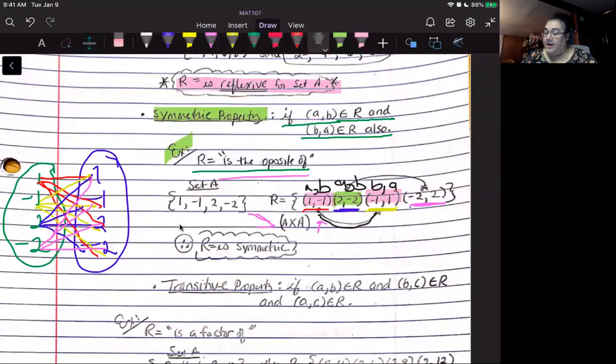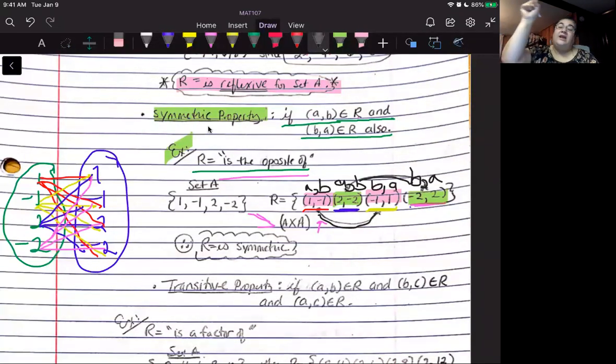We sure do, right over here, where we have B and then A. So sure enough, because we have this element right here that is also showing up in this relationship but in opposite order, and we have this element right here which is also showing up in the relationship but in opposite order, this relation is symmetric. Okay, I'm sorry, this relation would then be called symmetric, not reflexive.